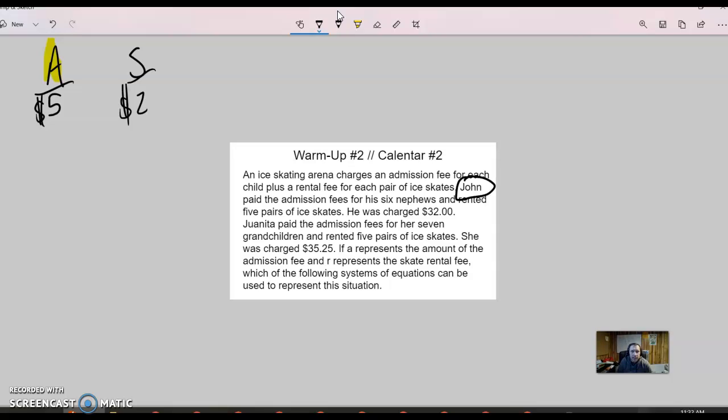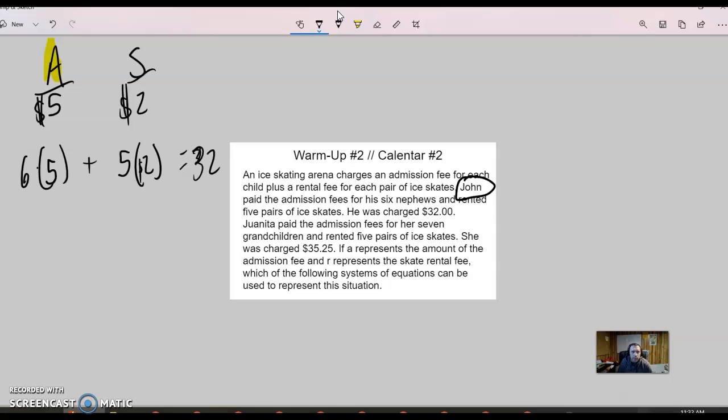Well, if he has 6 nephews, right, he paid 6 times 5, that's my guess, and then the skates, he paid for 5 pairs of skates, so 5 skates times $2. All right. So these together, we want them to equal $32.